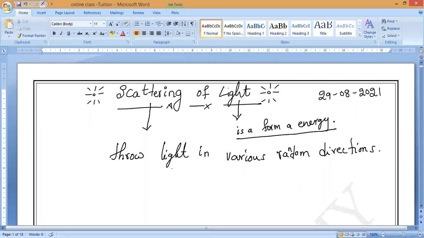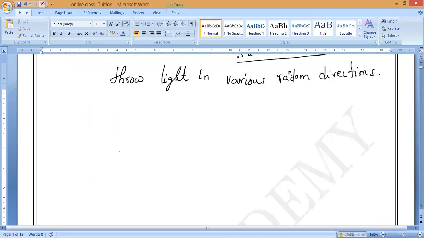If you observe here, the light is scattered when it falls on various types of suspended particles in its path. Suppose the light is coming in this direction. Because of the particles in its path, it will be diverted into random directions.